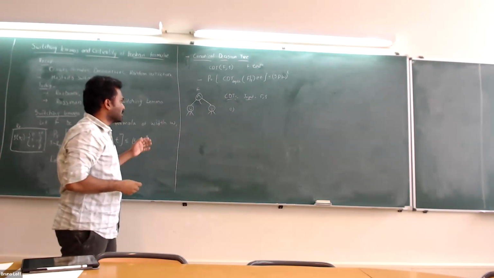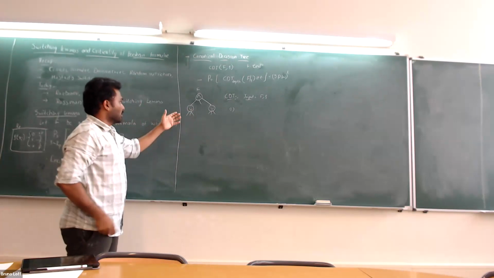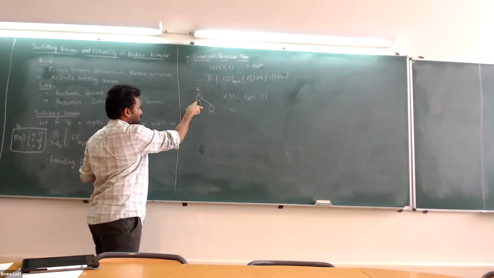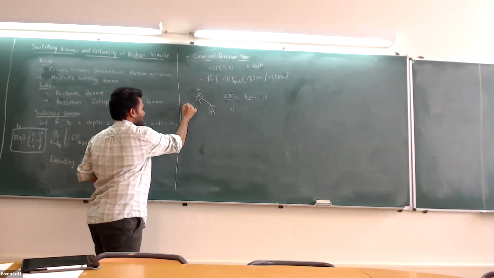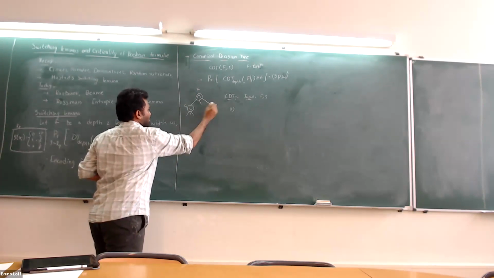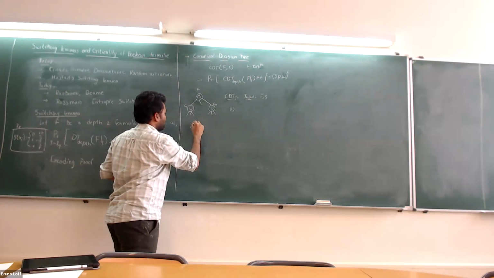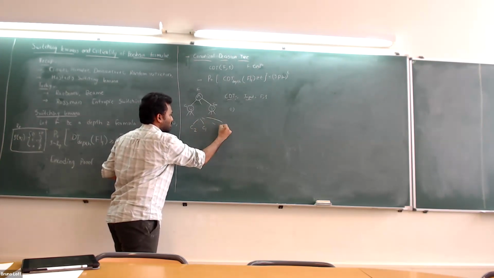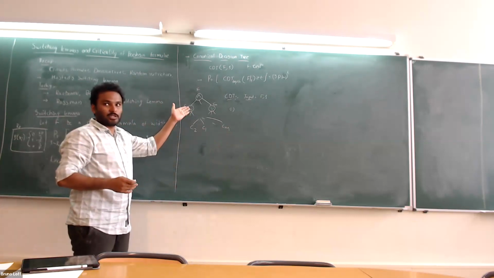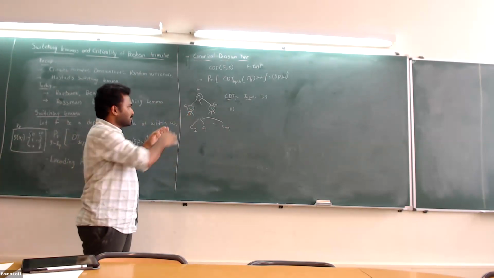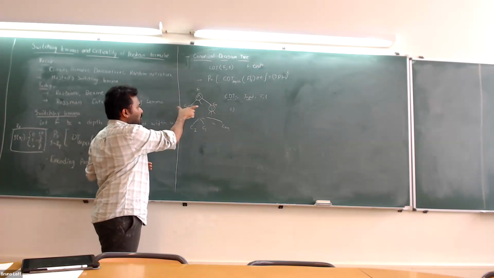So the first step is you scan the formula. I'm assuming this is the representation. This formula is the same formula, but I am assuming that this order is fixed.